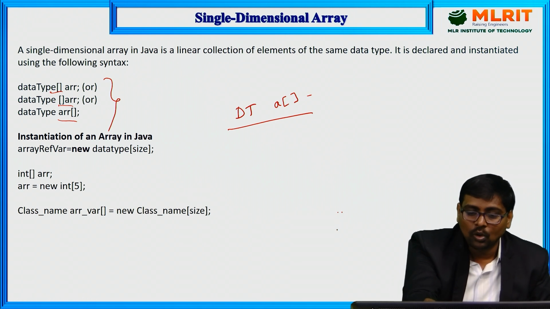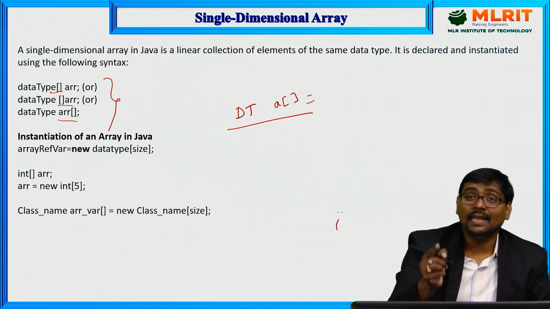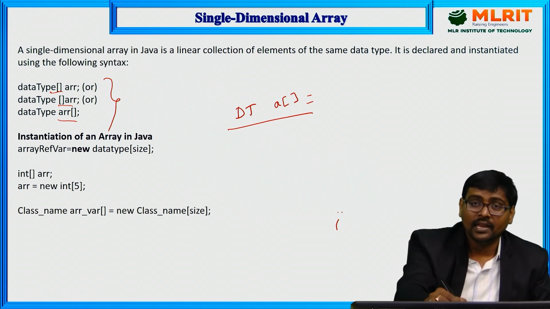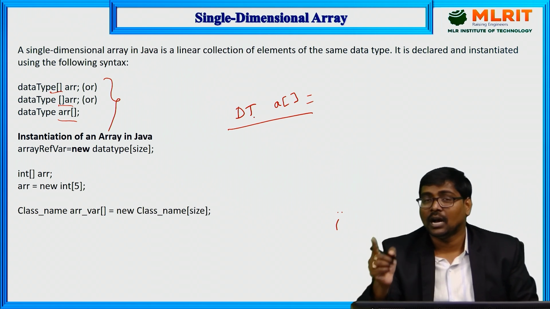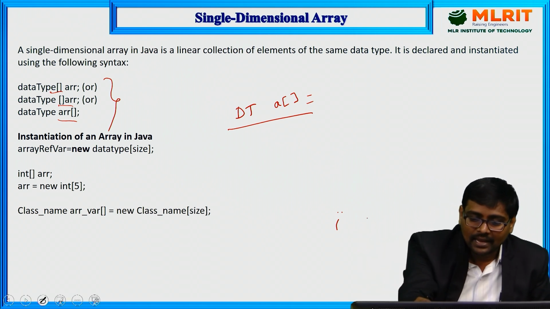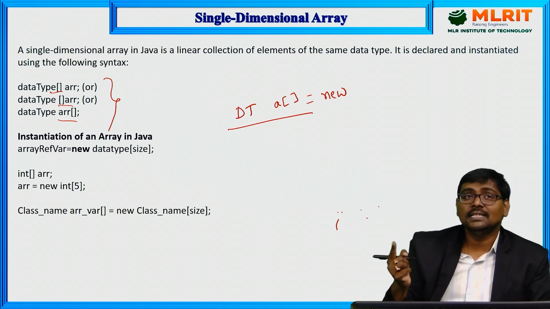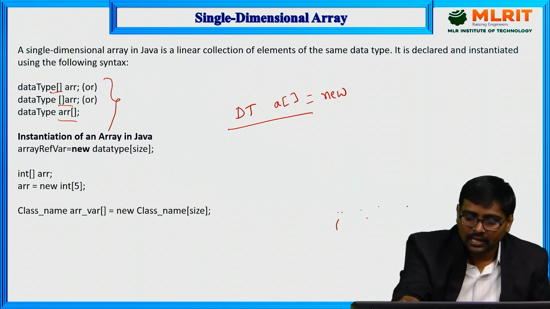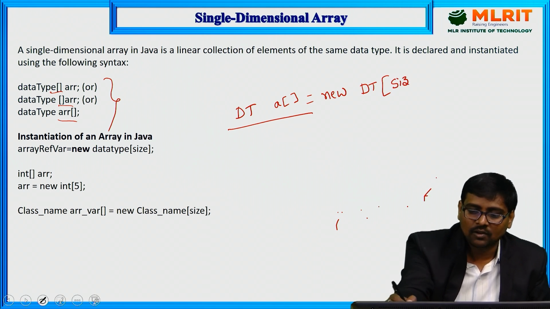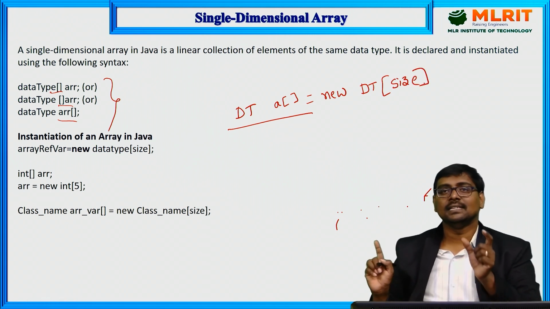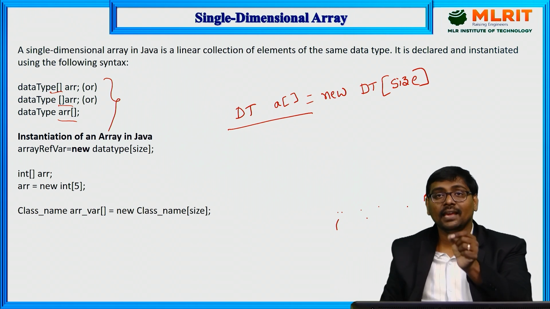Then is equal to, like in C language, but after that we create memory for the array: new, what is the data type? So here my data type is some dt, within brackets the size of the array. This is the syntax for declaring an array.